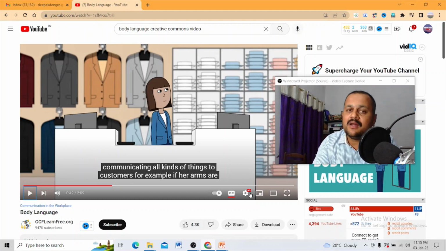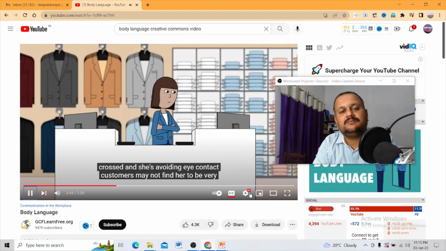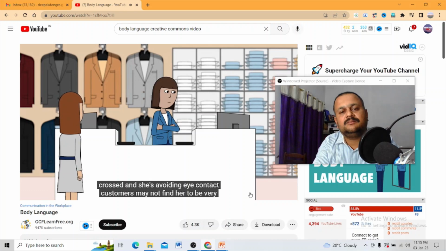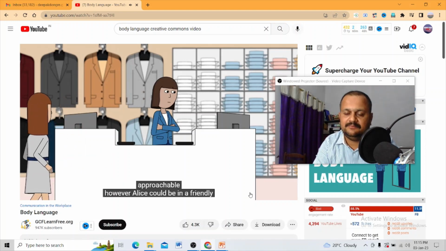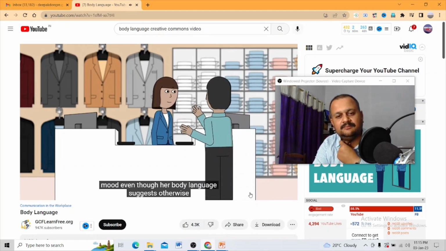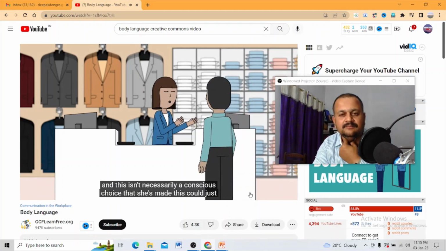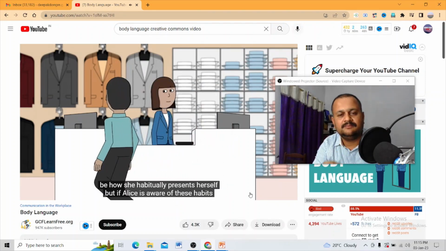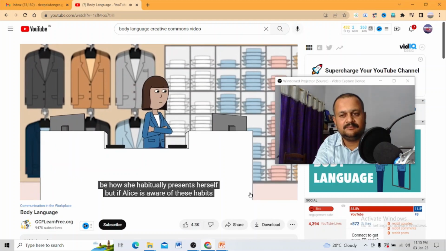It can be her body posture, her facial expressions, her gestures, etc. For example, if her arms are crossed and she's avoiding eye contact, customers may not find her to be very approachable. However, Alice could be in a friendly mood, even though her body language suggests otherwise. And this isn't necessarily a conscious choice that she's made. This could just be how she habitually presents herself.